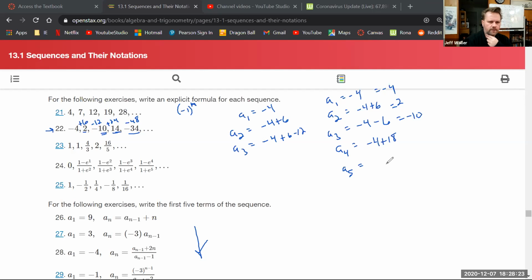Let me see. What else can we do with this? I mean, this one is better recursive, but that's not what they want. They don't want a recursive thing here. You could do -2 to the n minus 1.